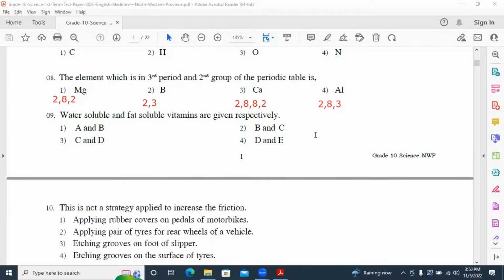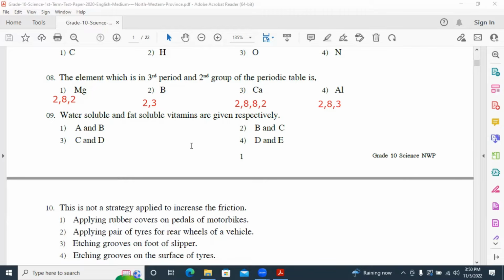Magnesium has 2 electrons in its outermost energy level. So answer number 1, magnesium is the correct answer, because in magnesium the outer energy level has 2 electrons, that's why it belongs to the second group, and also it has 3 energy levels, that is why it belongs to the third period.